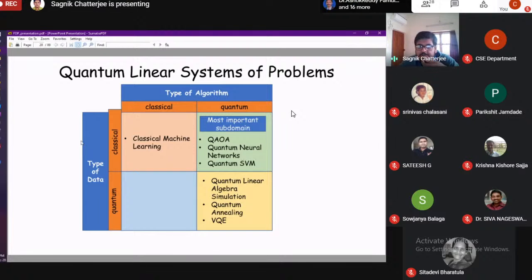And we have quantum SVMs. I probably won't get time to cover quantum SVMs, but we take the kernelization in classical machine learning and put it into the quantum Hilbert space. To make it simpler, in an SVM you have two types of data and you draw a hyperplane to classify what type of data it is.